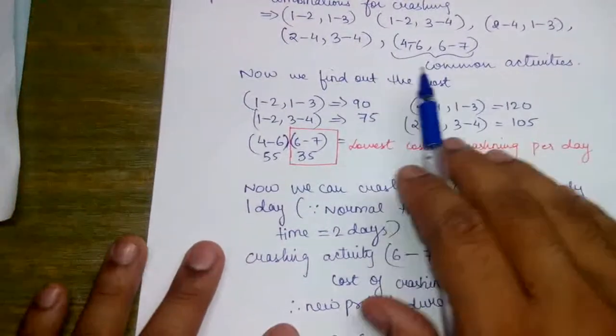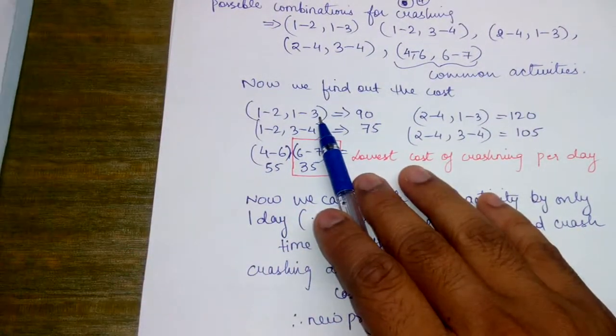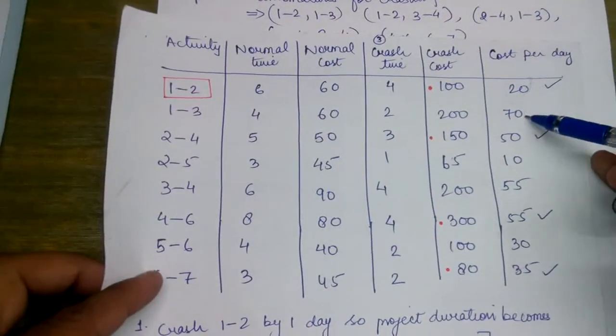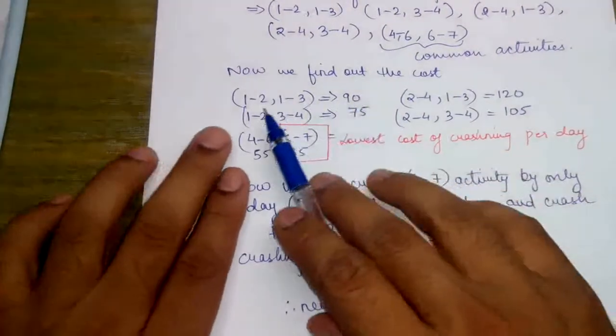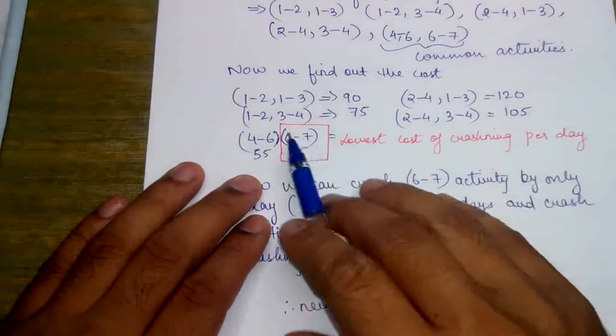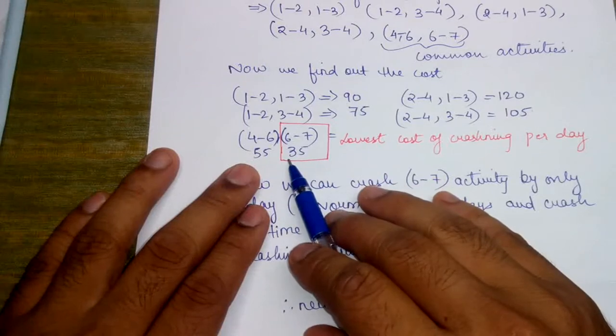Now we find out the cost corresponding to 1 to 2 and 1 to 3. For 1 to 2 it's 20 and 1 to 3 is 70, so the total becomes 90. So I have written 90 here, and correspondingly we obtain 75, 120, 105, and for 4 to 6 we obtain 55, and for 6 to 7 we obtain 35.